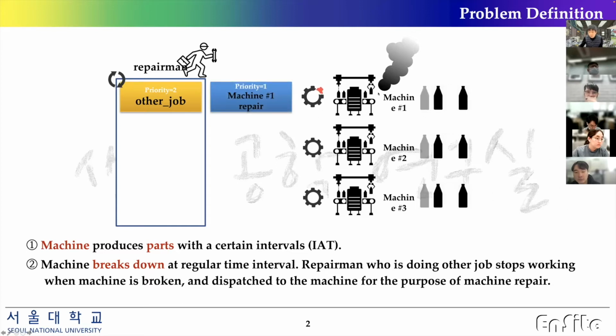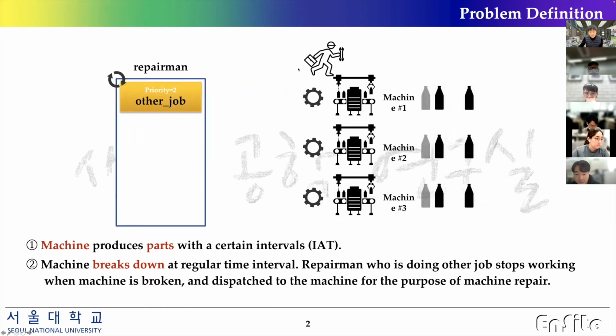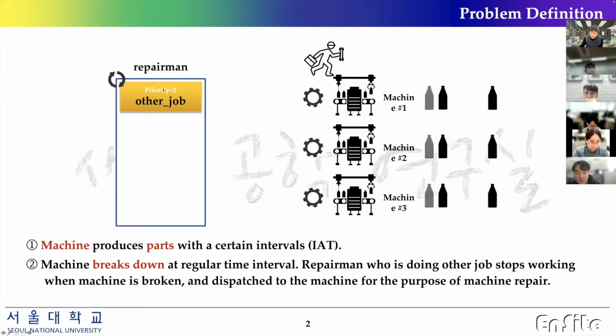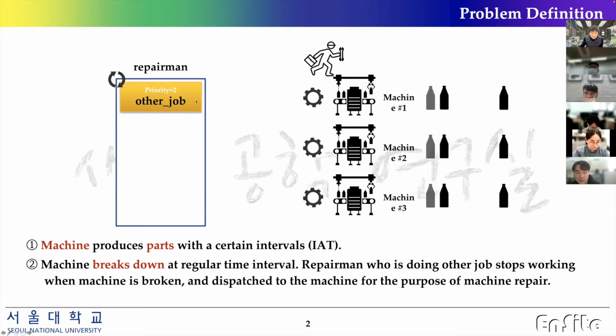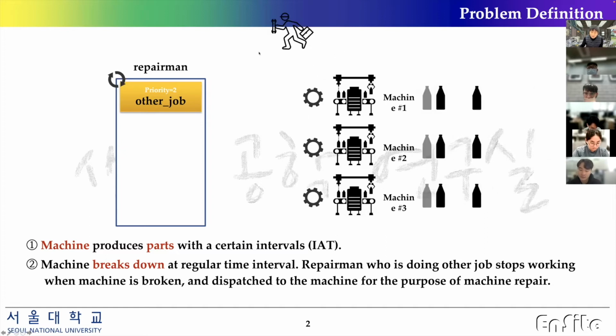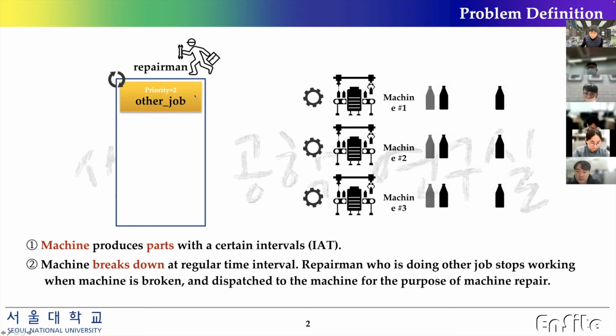But when one of the machines is in the broken state, the repairman has to come to this broken machine and repair it. But the repairman's other job has the lower priority, so it is called the other job, and it waits until the repairman comes back to it.